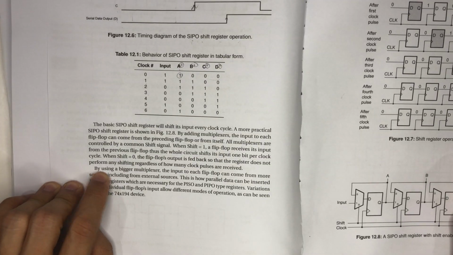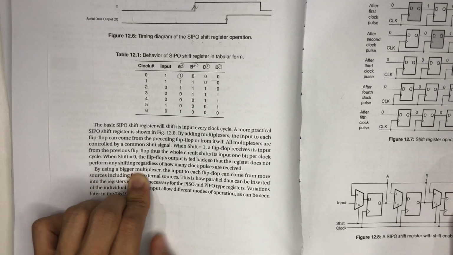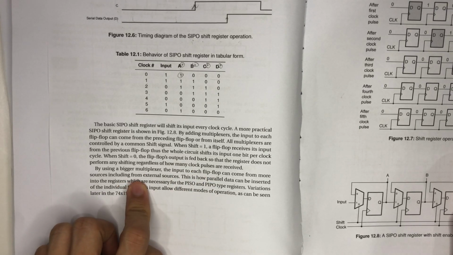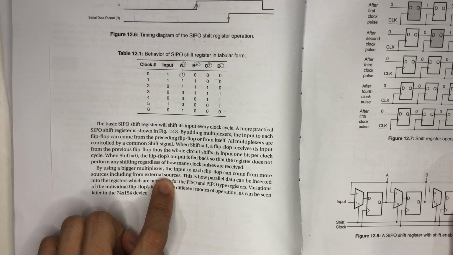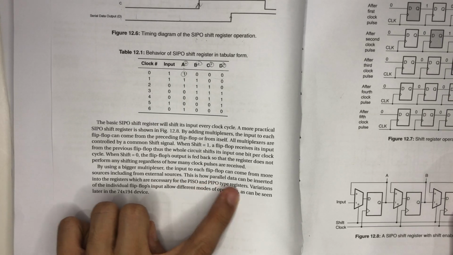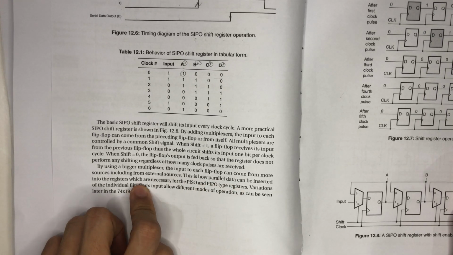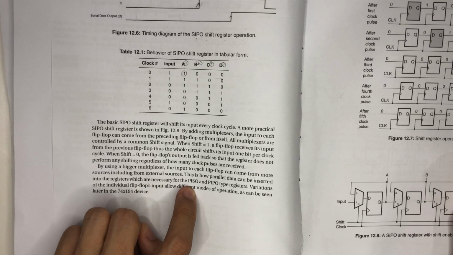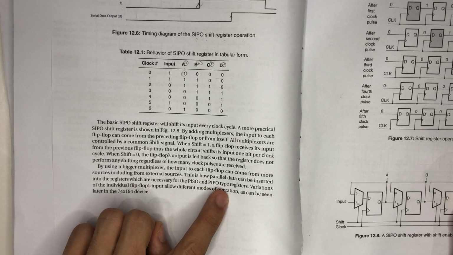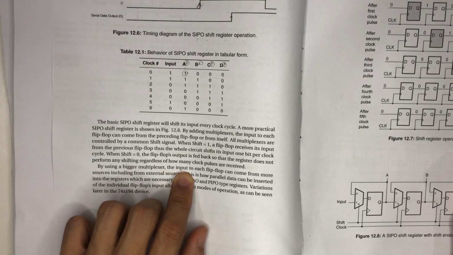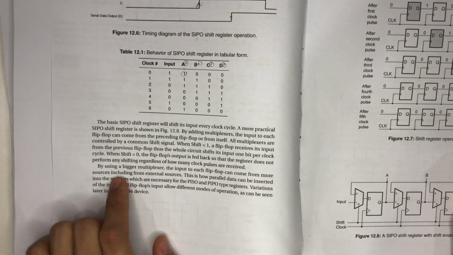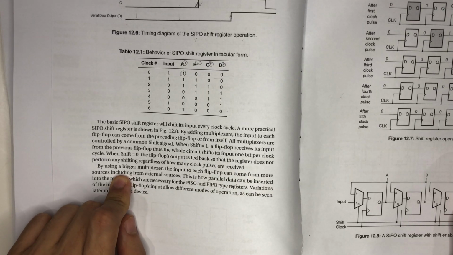By using a bigger multiplexer, the input to each flip-flop can come from more sources, including from an external source. I think you agree, because we learned cascading and many things, right? In order to have a bigger combination. This is how parallel data can be inserted into the register, which is necessary for PISO and PIPO type registers. It means we can have more input.